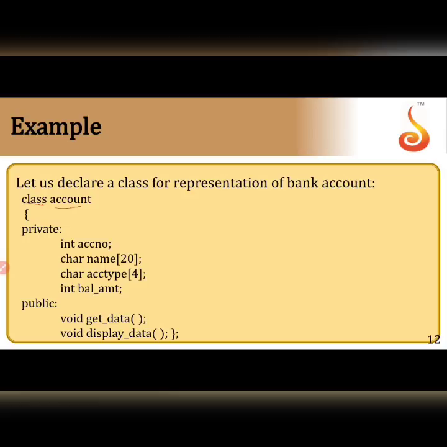So what type of account is that? And the balance, again you can make it either int or float. Float would be better because you can also have paise included in that. Then in public you have two member functions, one is getdata and the other is displaydata. So this is how a class looks.